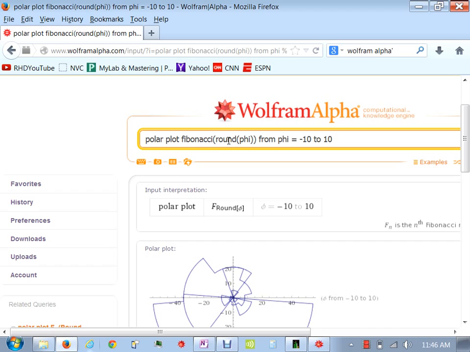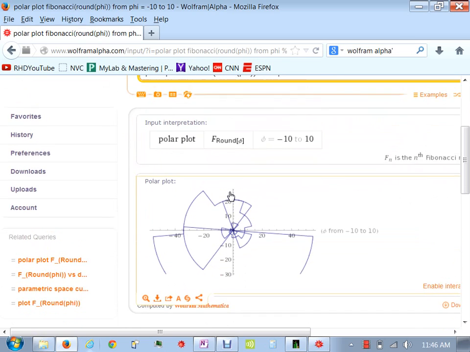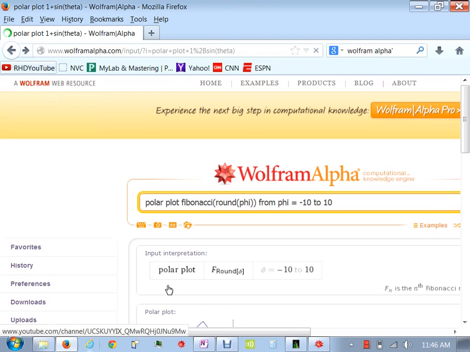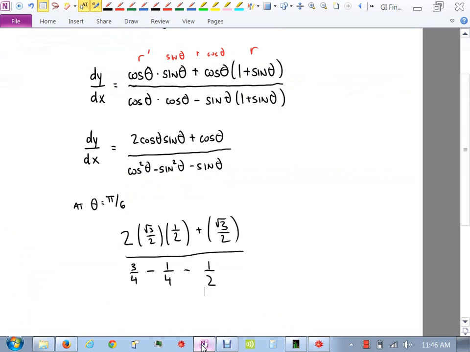I'm not sure what round is, though. I'm not sure they're calling a function Fibonacci, but I don't know what that Fibonacci function is doing. So I can't answer that right now. Yeah, it is interesting, but all right, let's stay on topic here.